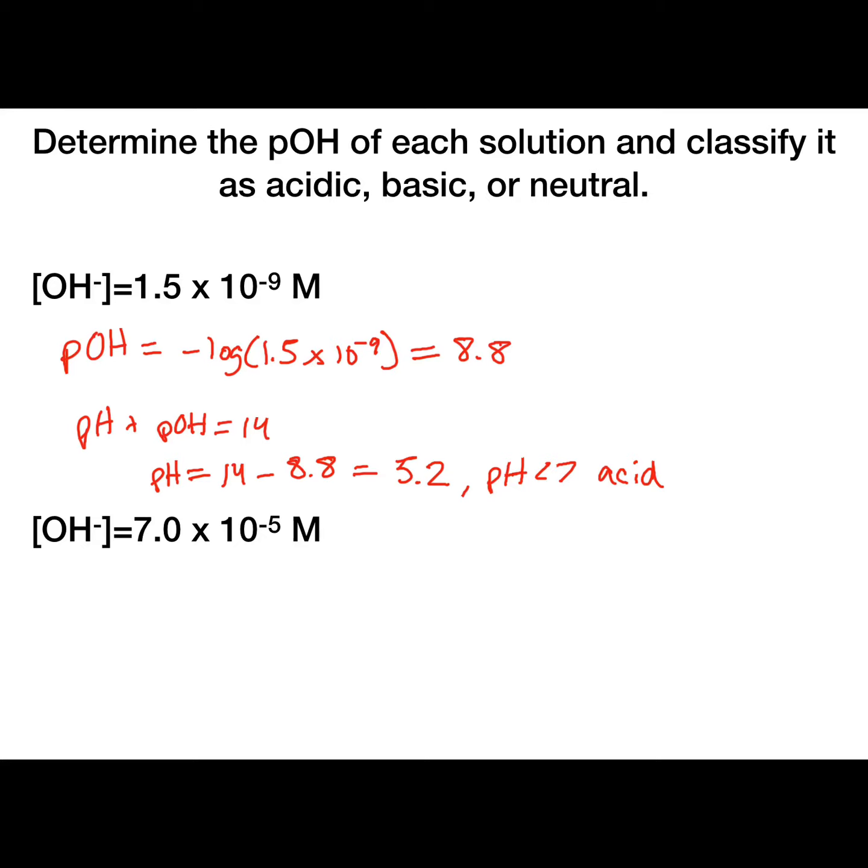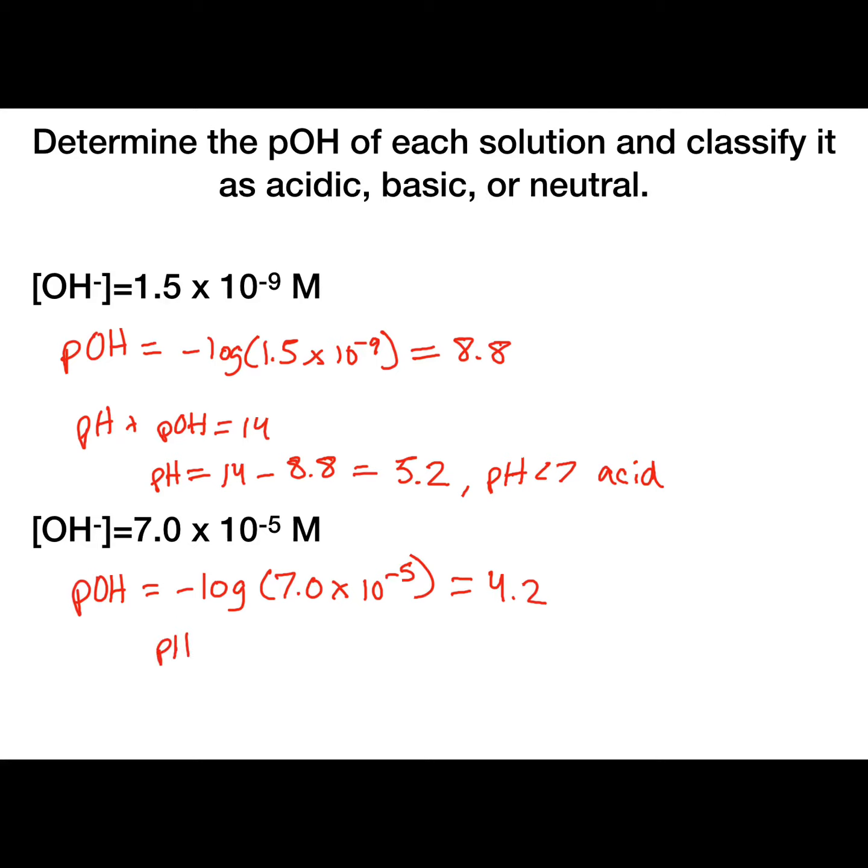Our next one gives us a concentration of 7.0 times 10 to the negative 5th. So we're going to do the same steps. So pOH equals the negative log of 7.0 times 10 to the negative 5th. When we plug this into our calculator, we get 4.2. And then from there, we need to determine the pH.